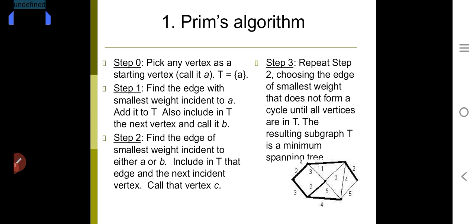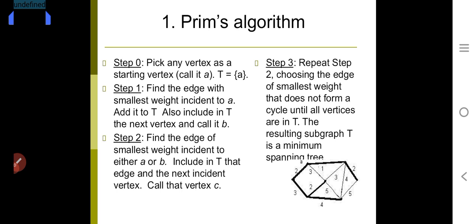First, we select a vertex and name it A, and make a set T equal to A. Then again, we select the smallest weight incident on the selected vertex, and join it to vertex A. Then we name it B. So we have a set T equal to AB.